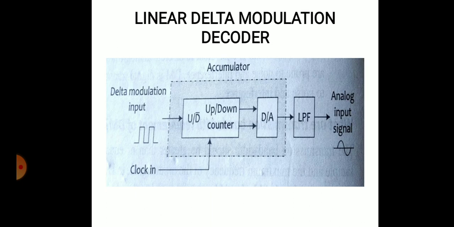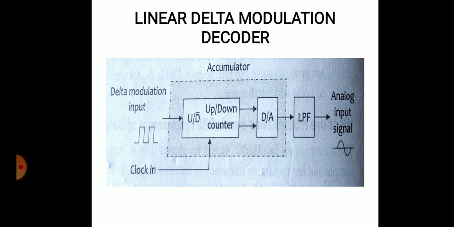Now this is the linear delta modulation decoder. Basically the operation is like that. Initially the output of the D2A converter is 0. Here you can see that it also uses an accumulator, which consists of an up down counter and a D2A converter. After that it is passed through a low pass filter, and finally we get the analog input signal. So first, initially the output of the D2A converter is 0.